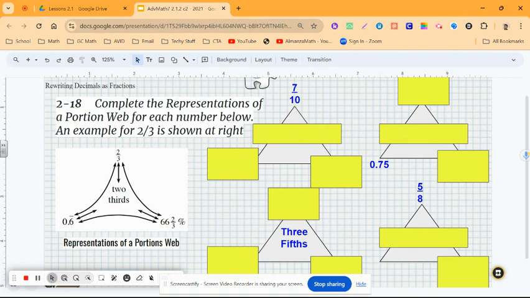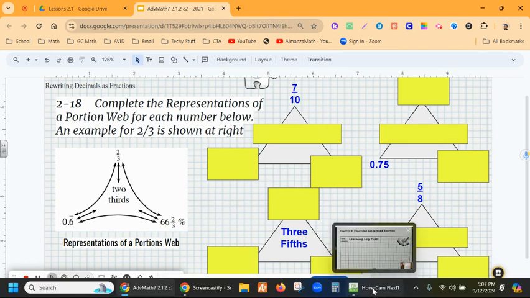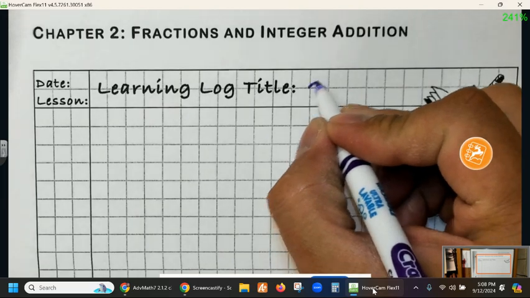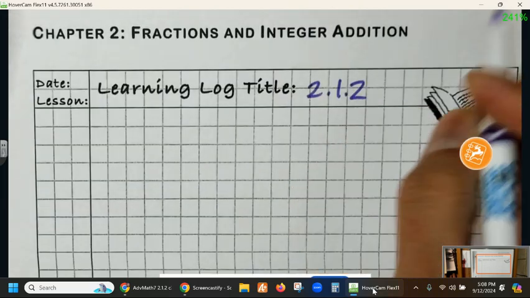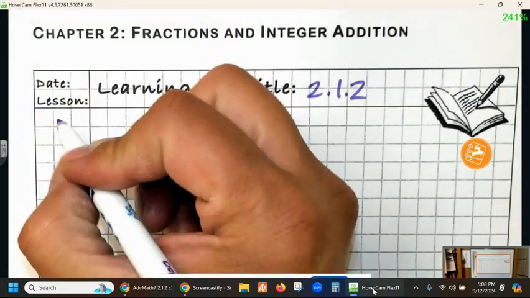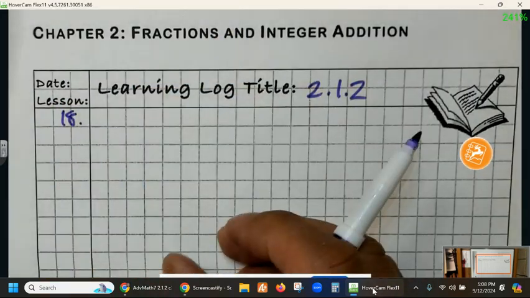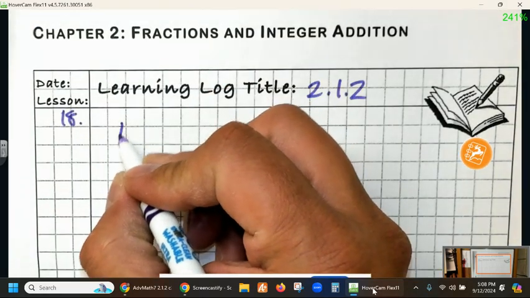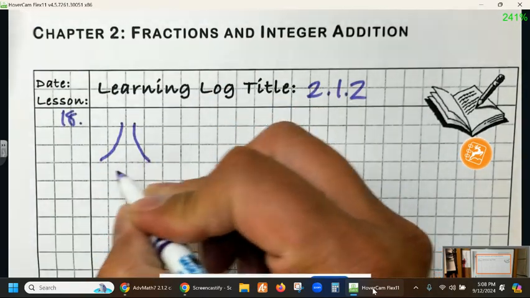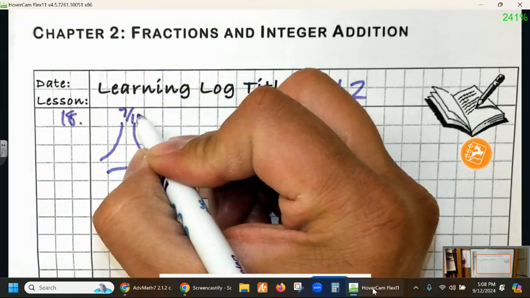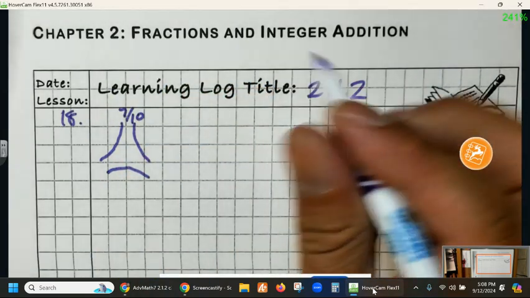Okay, so we're going to do these four, and just to remind us how to do the portions web, let's set this up. First, this is lesson 2.1.2, and this is a problem from the book. This is problem number 18. Alright, so our first portions web we did was this fraction.